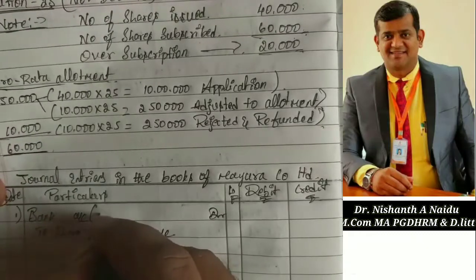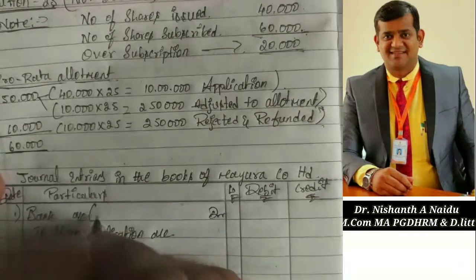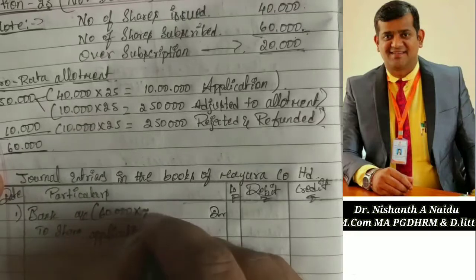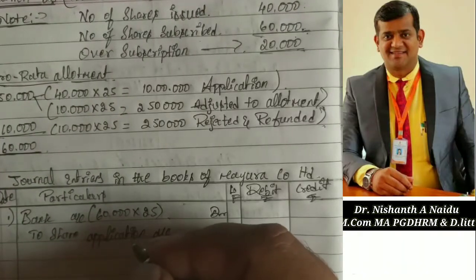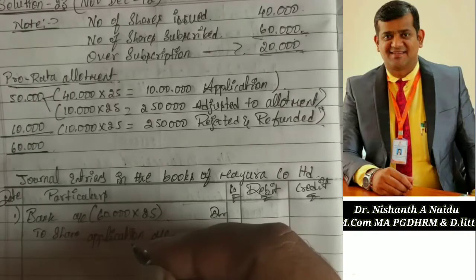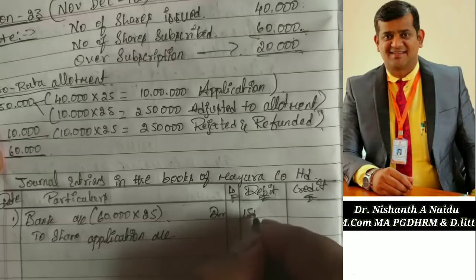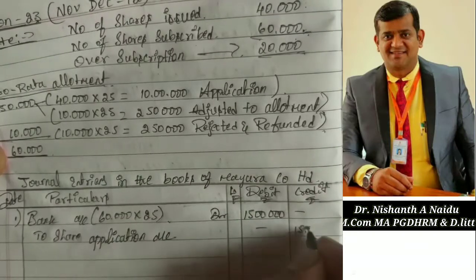How many share applications have been received, subscribed by the public? 60,000 shares into how much application money? 25. So now calculate 60,000 into 25 rupees, so that is 15 lakh.